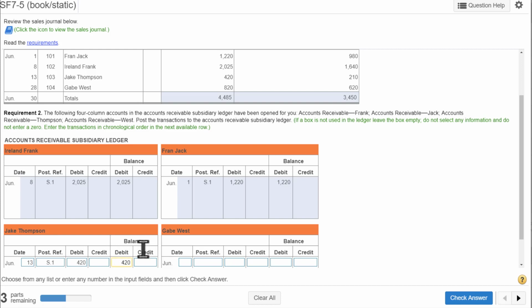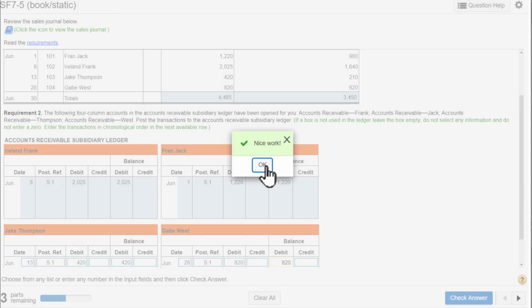If there was a previous balance, there would be a line up here saying previous balance. And then finally on the 28th, we've got Gabe West. So here's Gabe West, 28, post reference, sales journal page 1, 820, because there's no previous balance for Gabe West. Check our answer. Nice work.